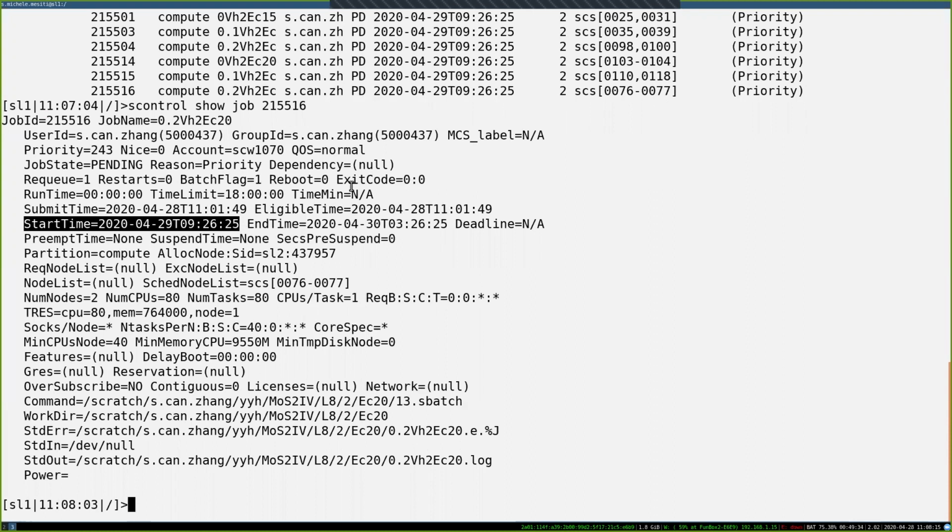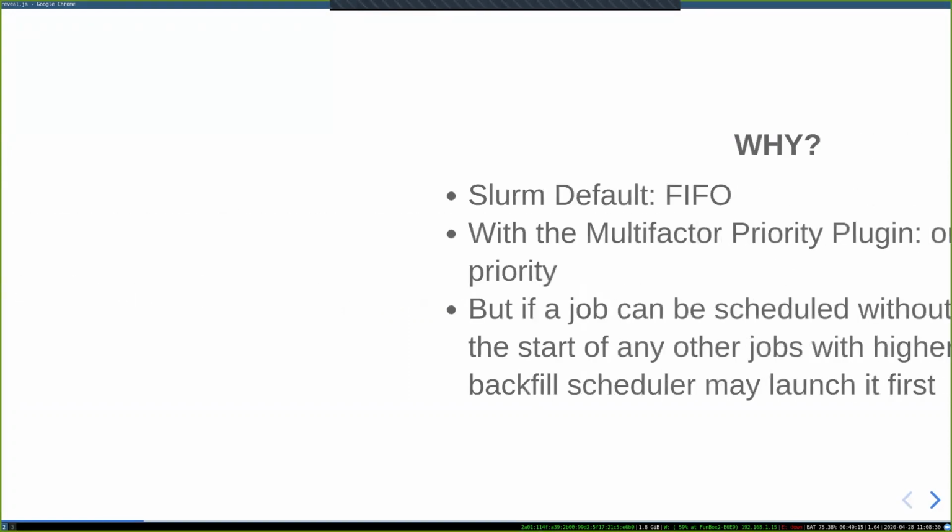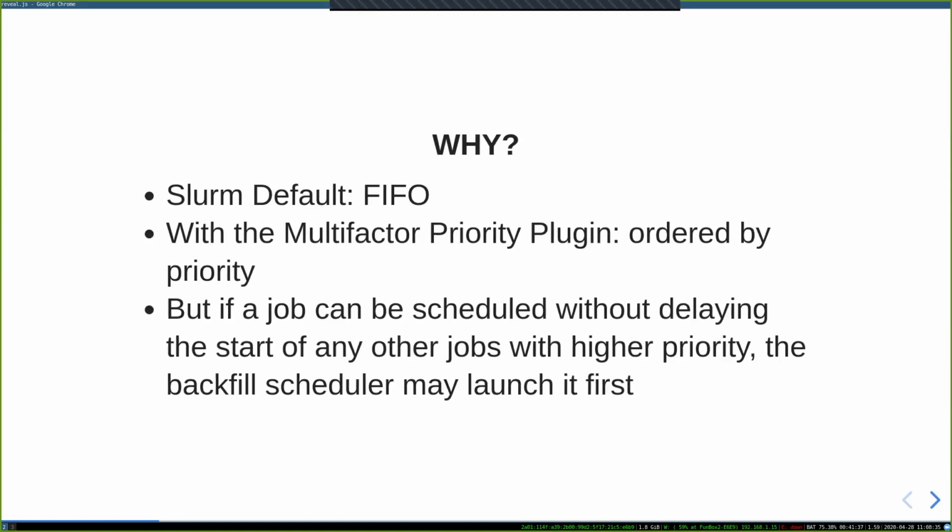So, moving back to the flow of the presentation. Once we know the expected start time, then we can ask ourselves why Slurm has decided for that start time. The default behavior of Slurm is a first in, first out mechanism. The jobs which are submitted first are going to be executed first.